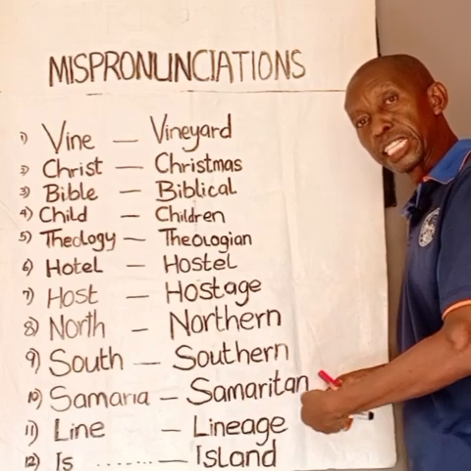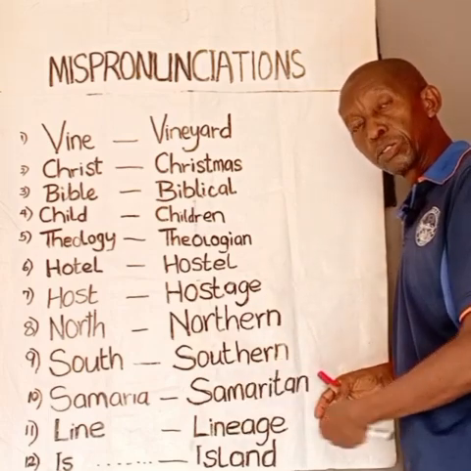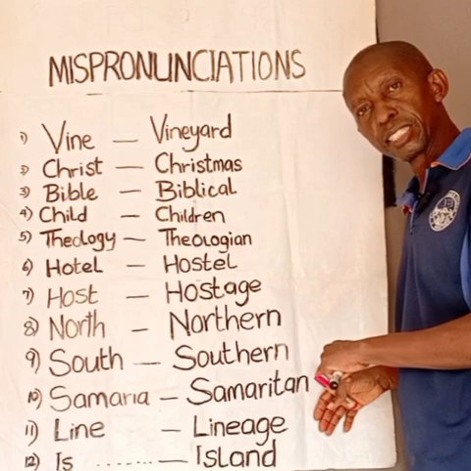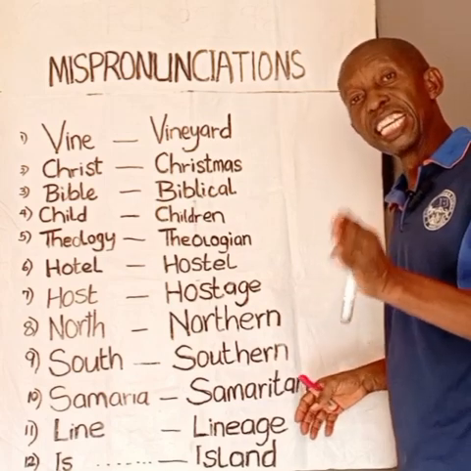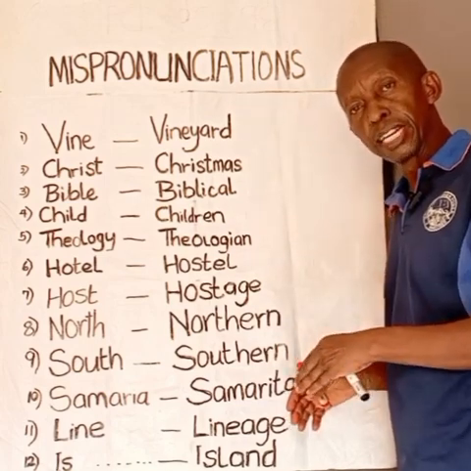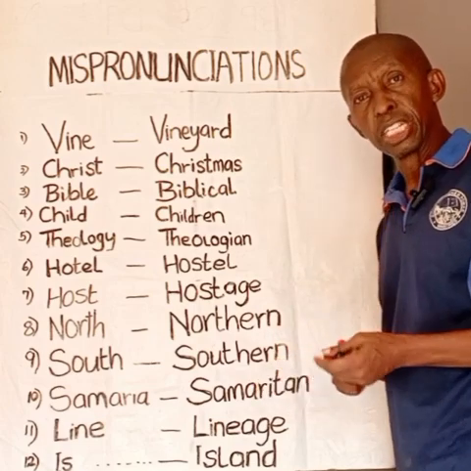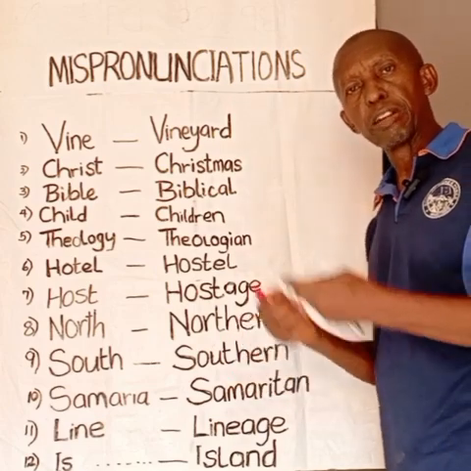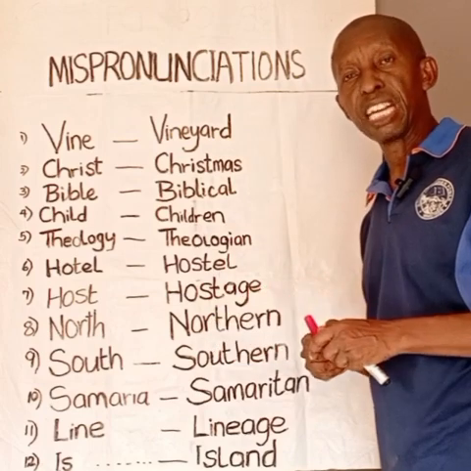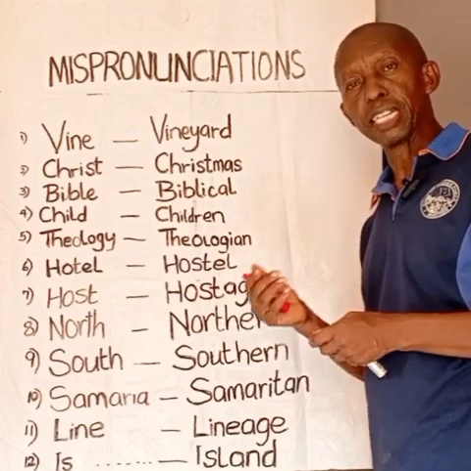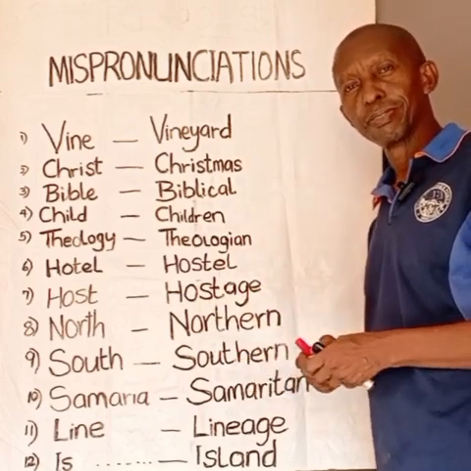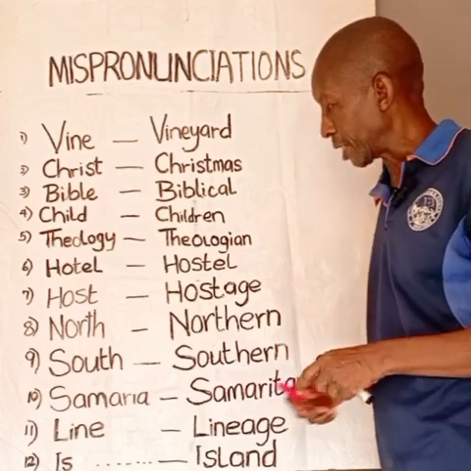When you say it together, it gives you lineage. For example, you can say, Jesus Christ is from the lineage of King David. That's good. All right, excellent.